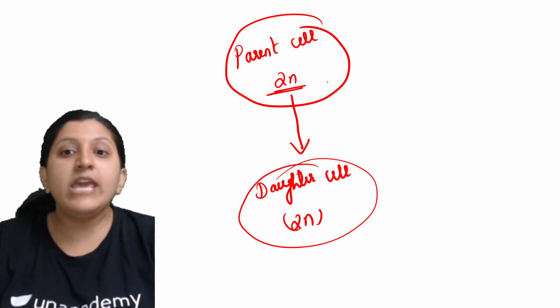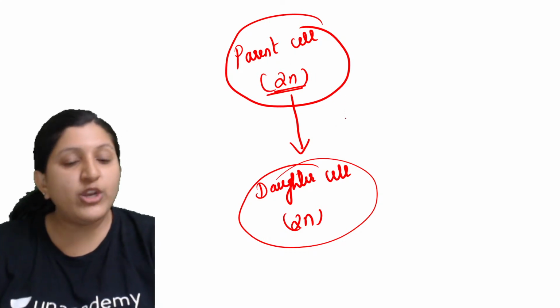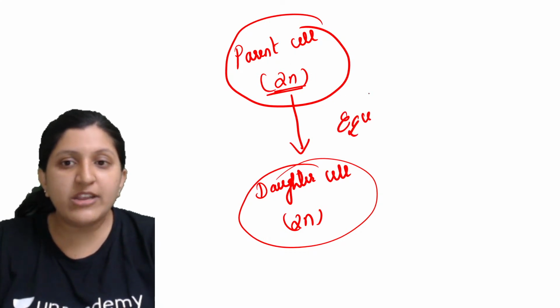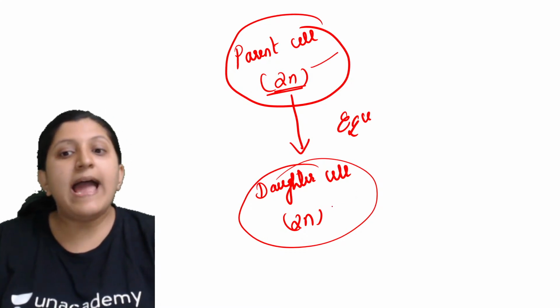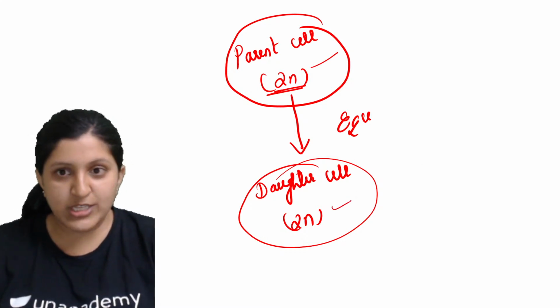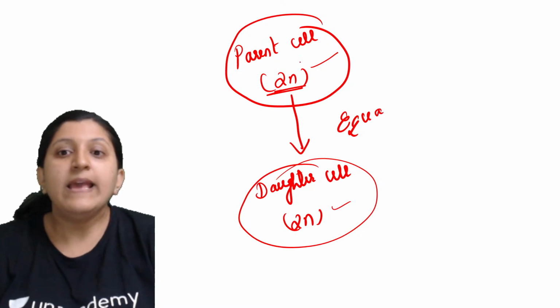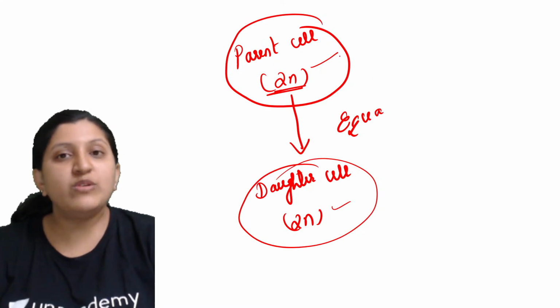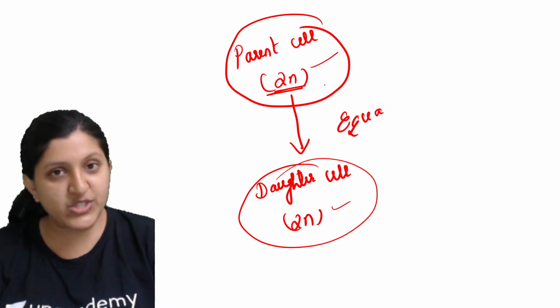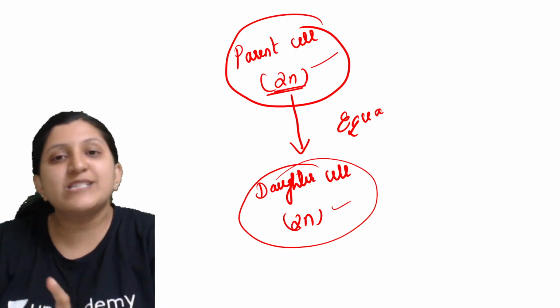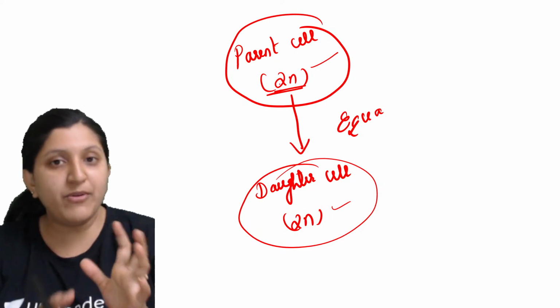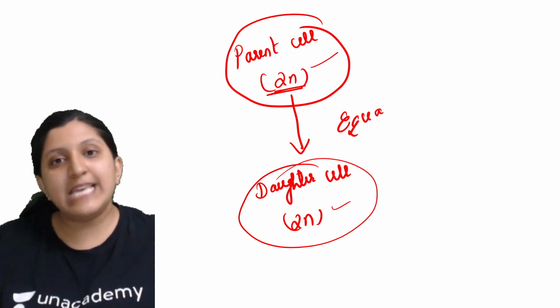That is equational division. So why do we call it the equational division? Here also you can find 2 sets of chromosome, and here also you can find 2 sets of chromosome. So that means the DNA content was doubled during the S phase of the cell cycle, before the cell division, and that is equally divided.